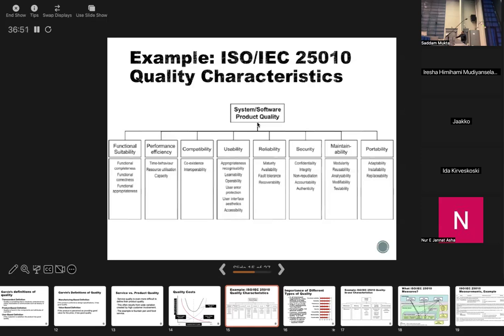Functional correctness means when a customer subscribes or purchases a ticket, whether the system can search it from the system. Then you can say it returns the actual result. Then you can say correctness.